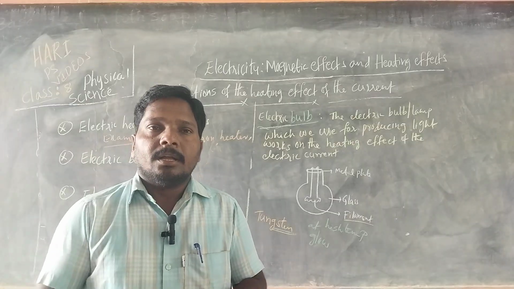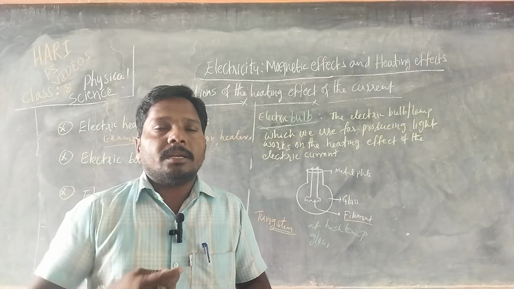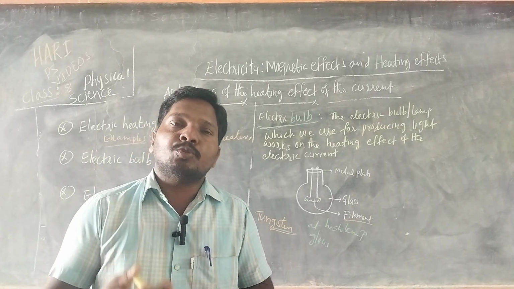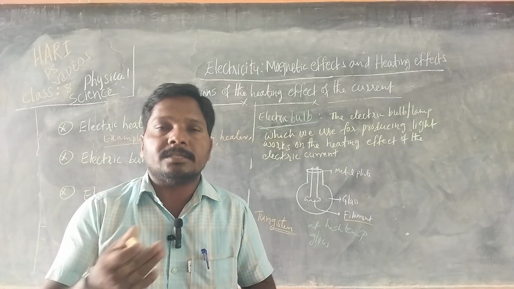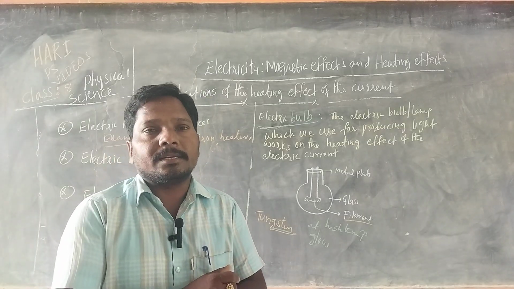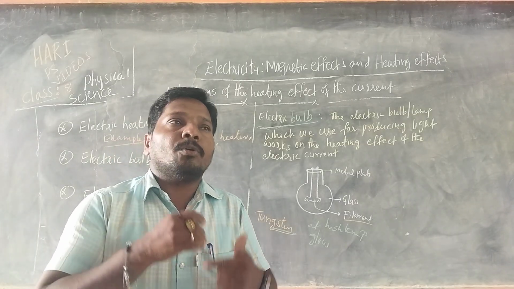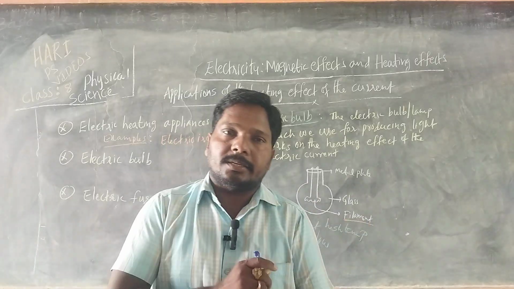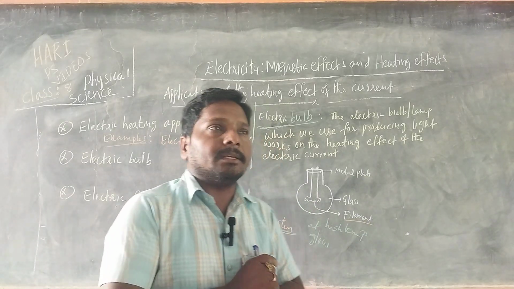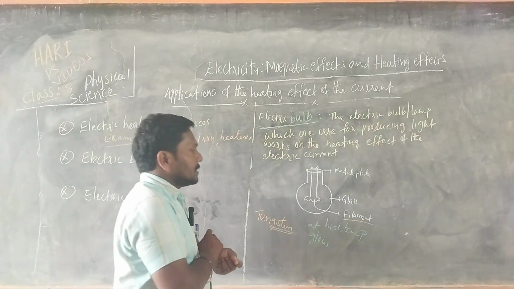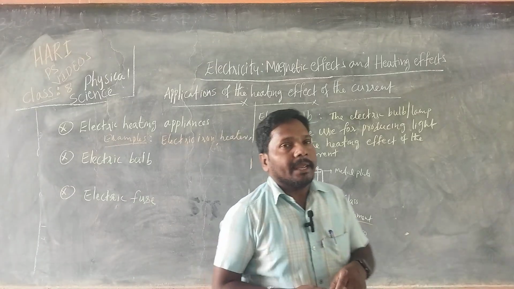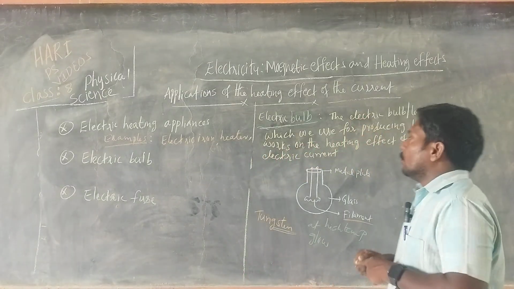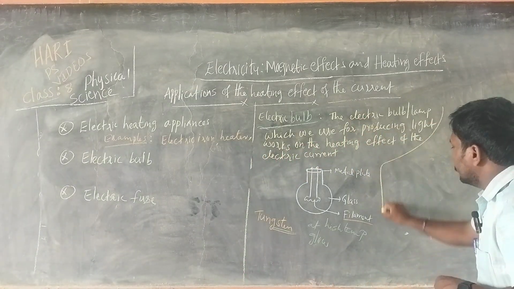That means heat energy is produced by consuming more electrical energy. So electrical energy is wasted. That's why nowadays instead of the electric bulb we are using other bulbs.